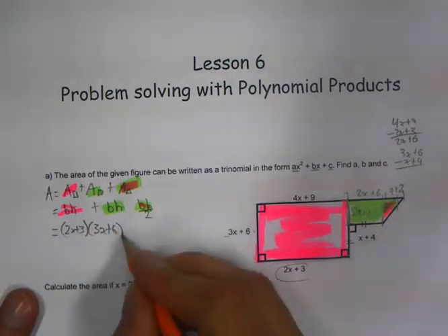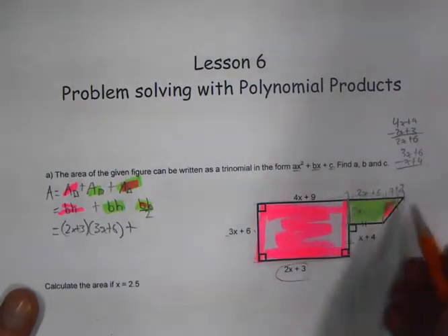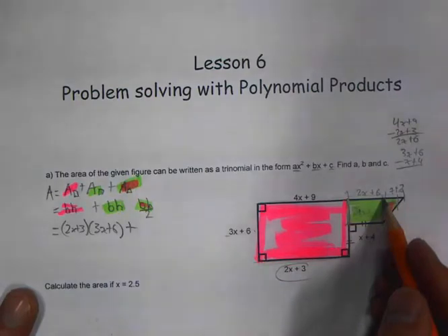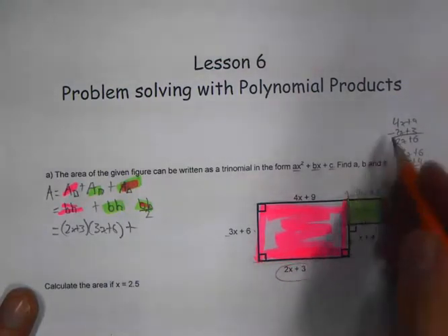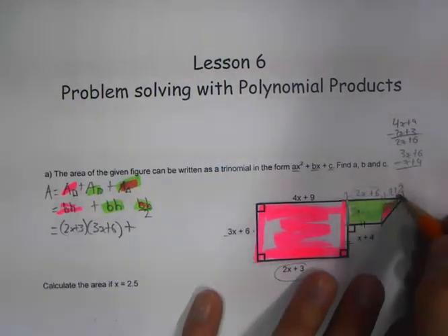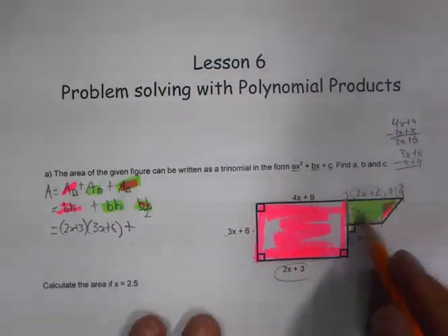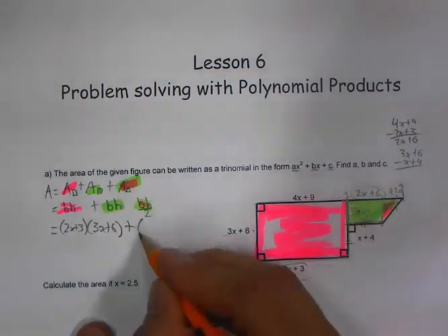Now, let's take a look at my little rectangle here. Well, if this distance is x plus 2, then this whole distance here is going to be x plus 4, because we have that right there and right there. So I have x plus 4 and 2x plus 2.